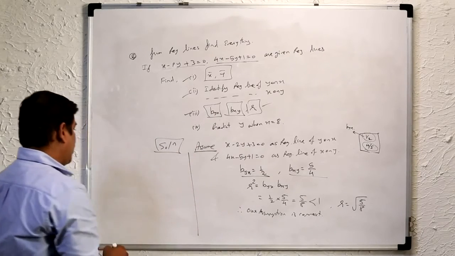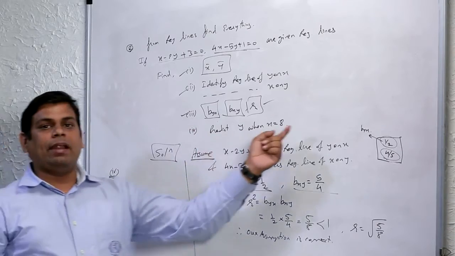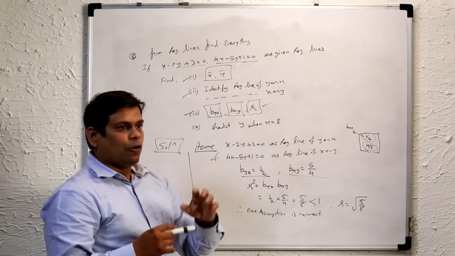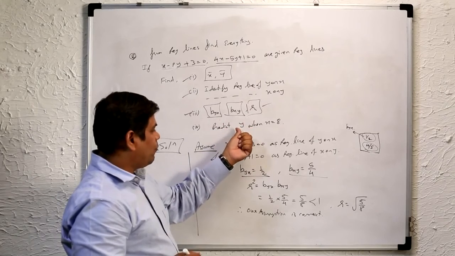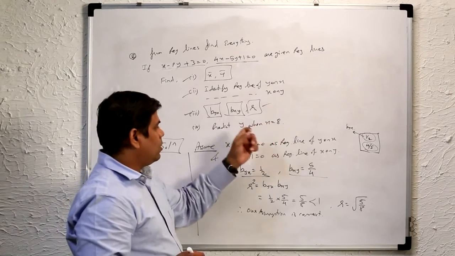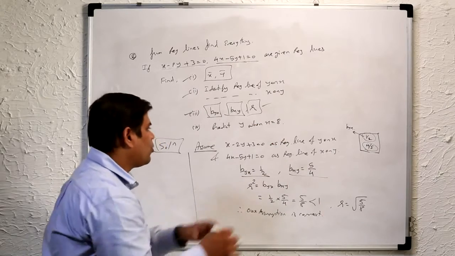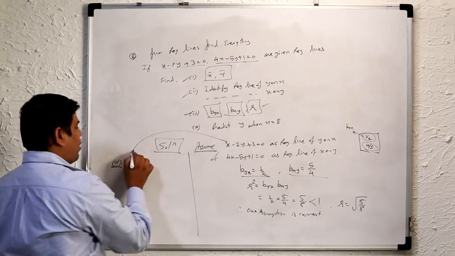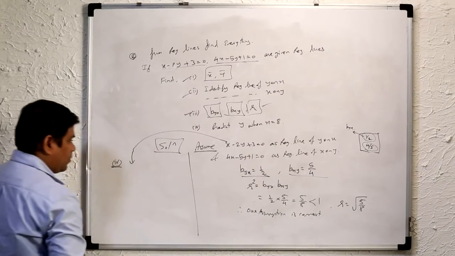Fourth part, very important. Predict y when x equal to 8. You want to find a value of y which depends on x. Y on x. So what you are going to do is use the regression line of y on x and substitute x equal to 8.